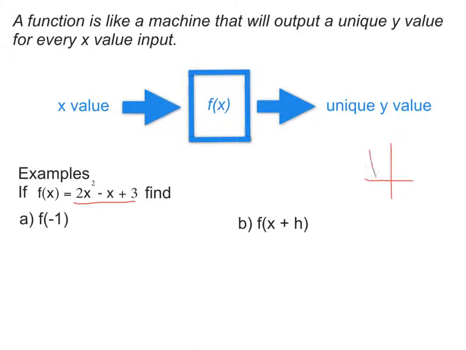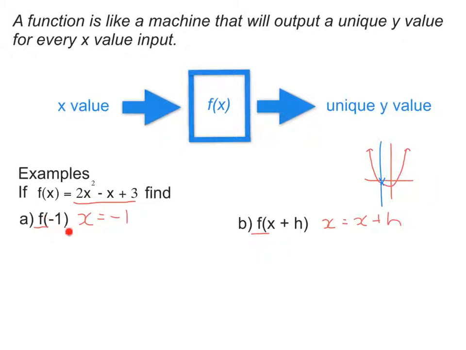And by observing a quick sketch, we can see that this parabola will pass the vertical line test, and so therefore we are working with a function. The notation used here in our example is asking us to find the function's value when x is equal to -1 and the function's value when x is equal to x plus h.